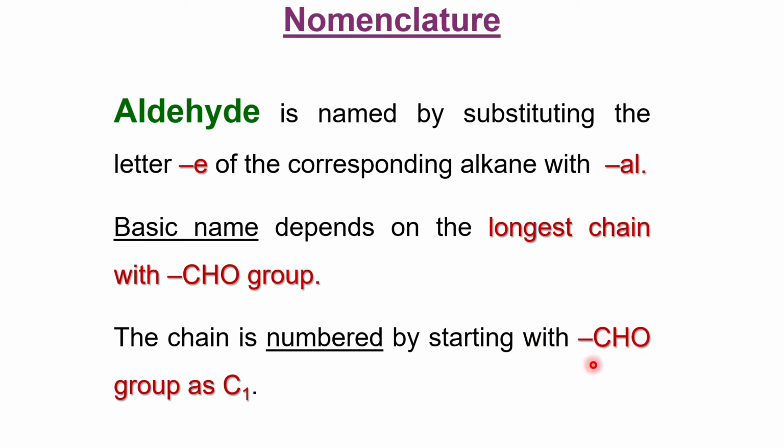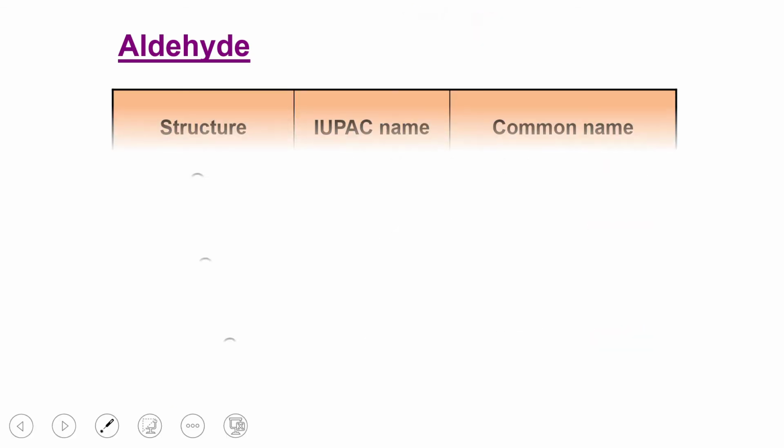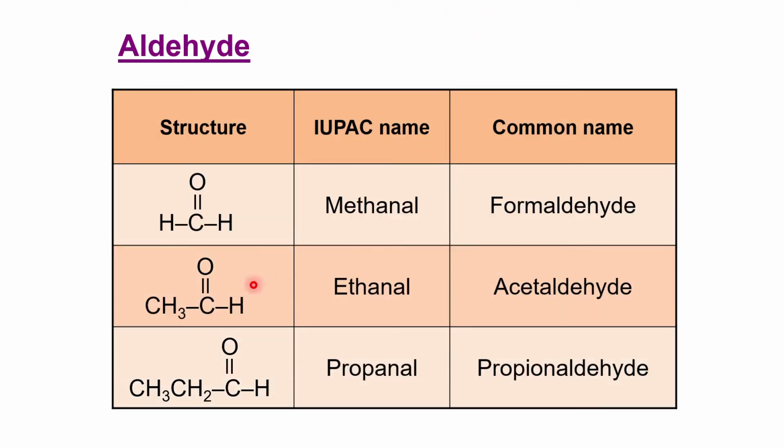Because an aldehyde must have hydrogen at its end, aldehyde usually starts from the end of the chain. For example, here we have methanal, the simplest aldehyde, one carbon. From methane, change the ending ane to al, so methanal. Common name formaldehyde, which you often hear.